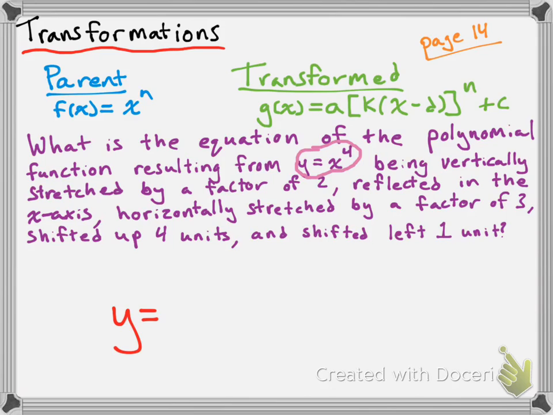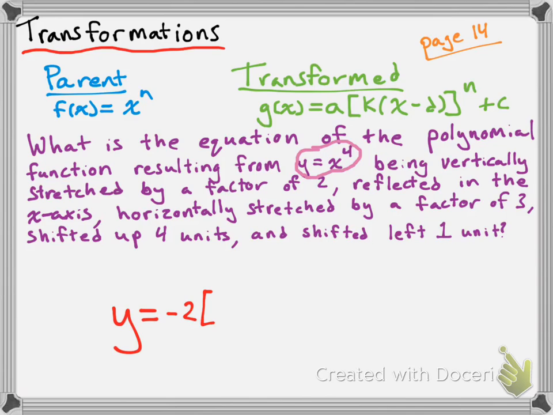In our description, you might be able to see that we are vertically stretching the function by a factor of 2. Now that would indicate to us that our a value would be 2, but you also have to notice that we have a reflection in the x-axis, and that means that our a value is going to be negative. So our a value is actually going to be negative 2. Okay, and we're going to open up that square bracket.